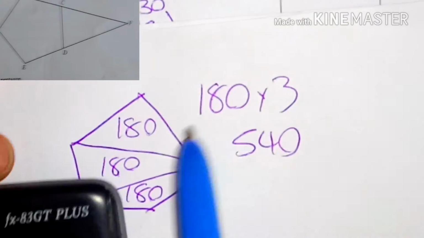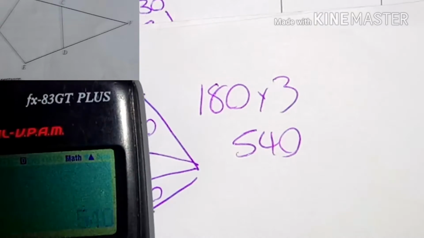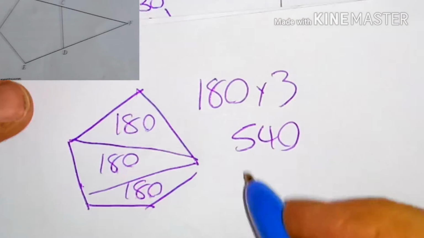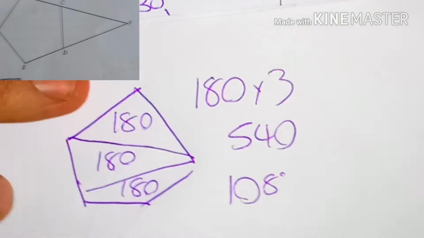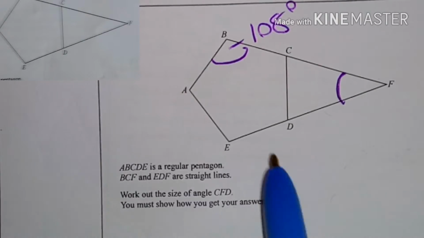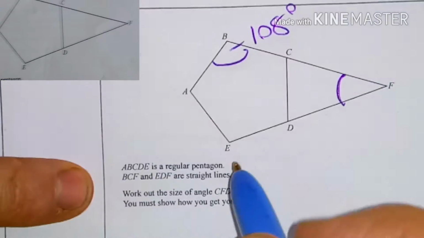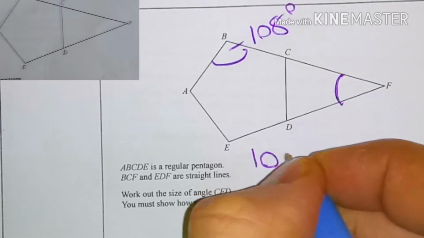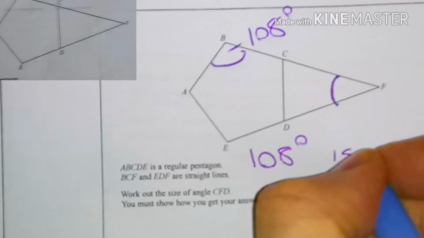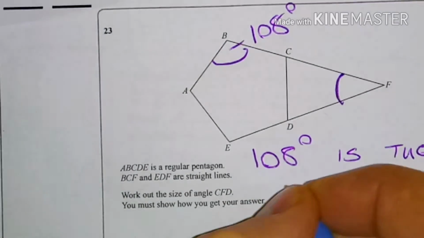But same as last time, that's all these angles added together, so I need to divide that by 5, which gives me 108. So back to the question, we know this is 108, and you'd have to write 108 degrees is the angle of a regular pentagon.